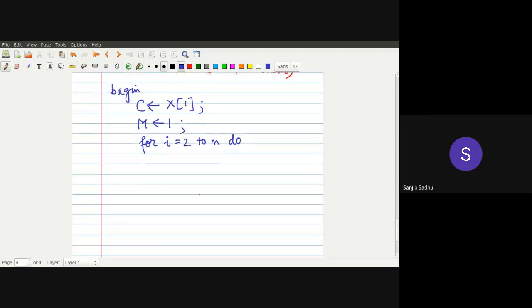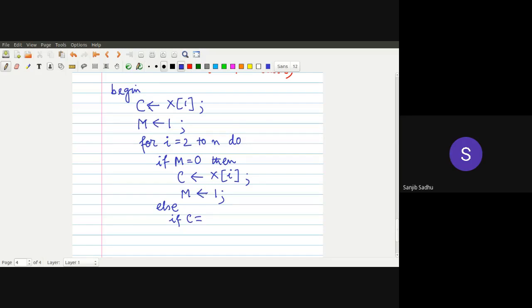That's for I. So here we will write: if m equals 0, then C will be x I, the ith element. I am explaining, just a minute. m will be again 1, else if C equals x I, then m will be increased by 1.